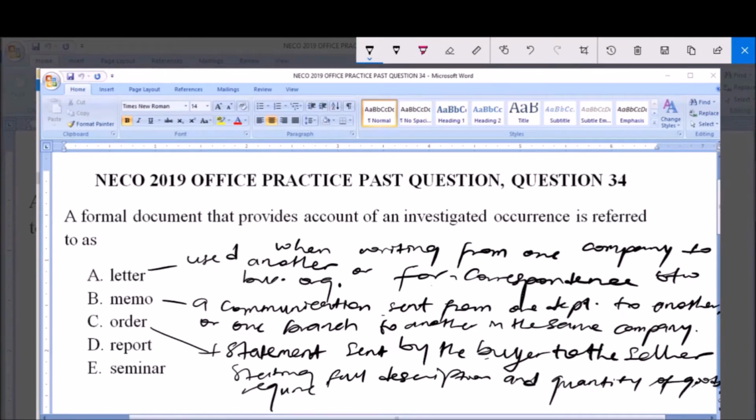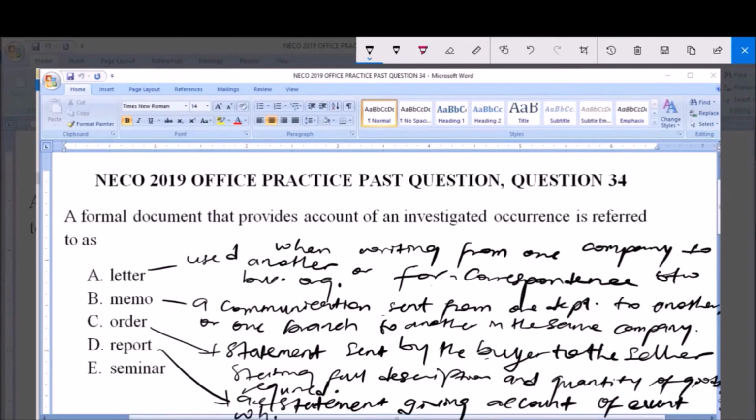Now this is reports. Reports are statements giving accounts of events which help in effective management process and decision making.